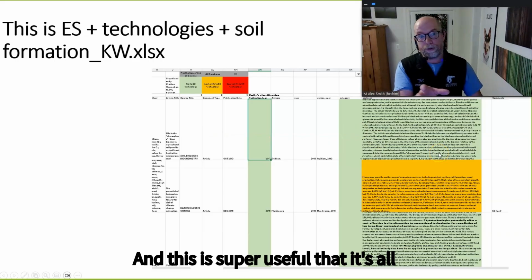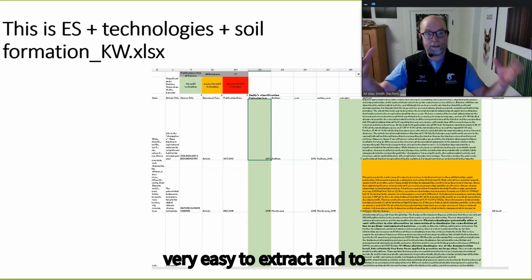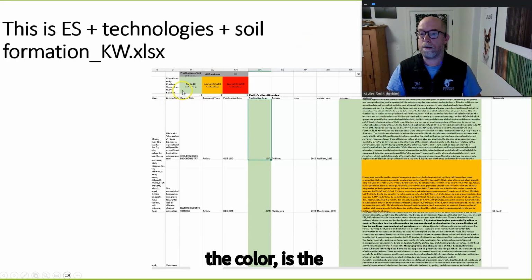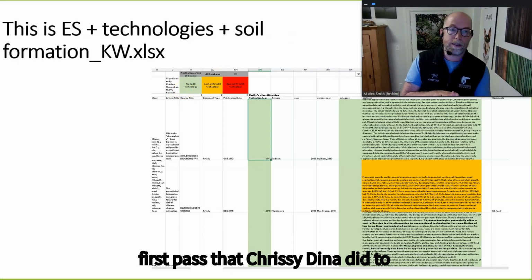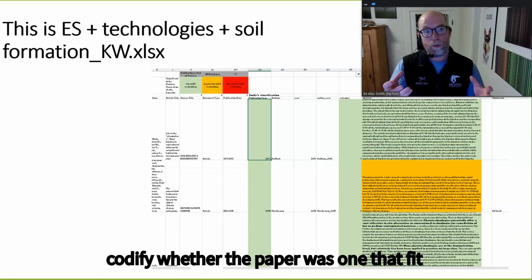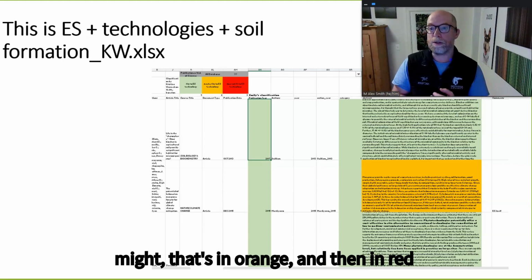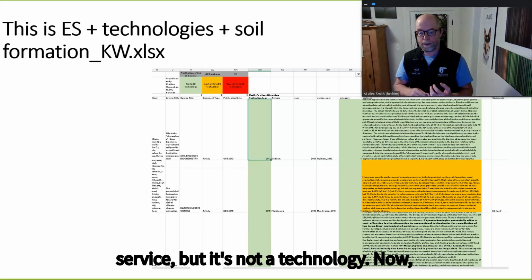It's super useful that it's all in this form because it makes it very easy to extract and analyze. The coding here, the color, is the first pass that Christina did to codify whether the paper fit with ecosystem services technology, that's in orange, and then in red, it might be an ecosystem service, but it's not a technology.